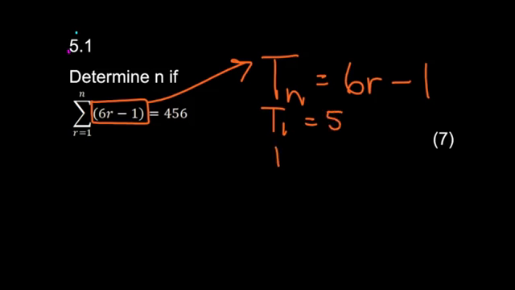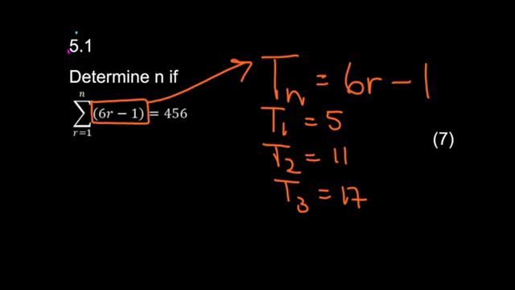If I want the second term, I'm getting 12 minus 1. If I want the third term, 18 minus 1. So I can tell that the sequence is what kind? I'm adding 6, I'm adding 6. The sequence is arithmetic. Fantastic. So that's how powerful that is.